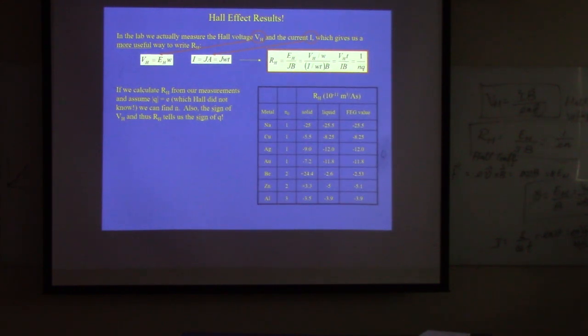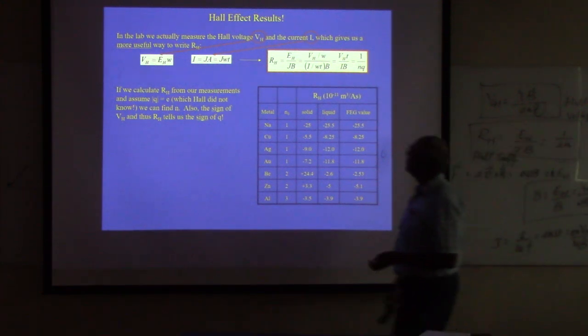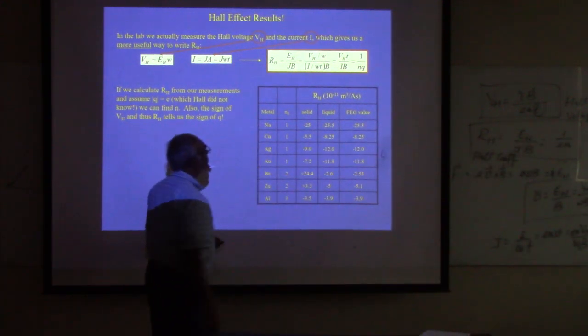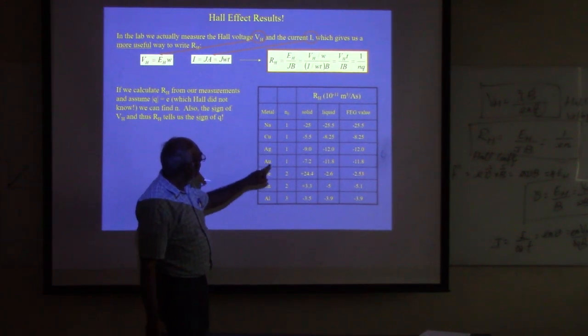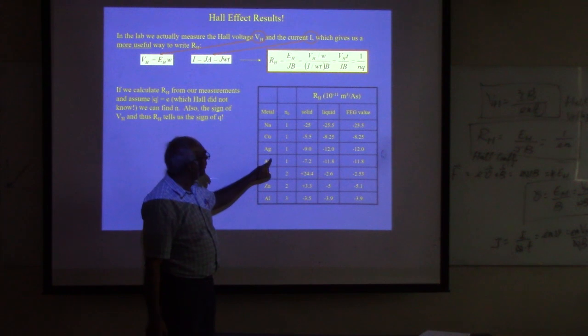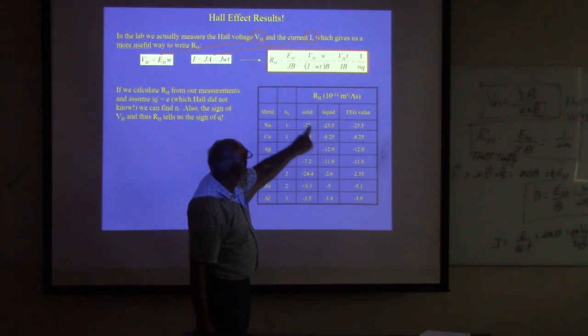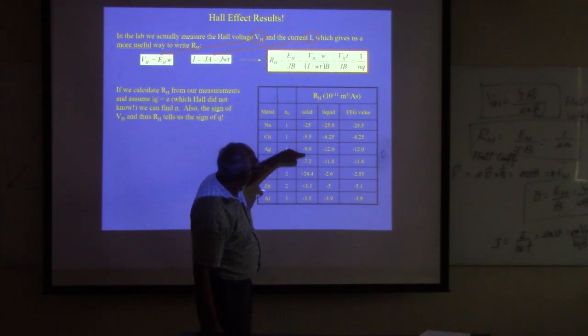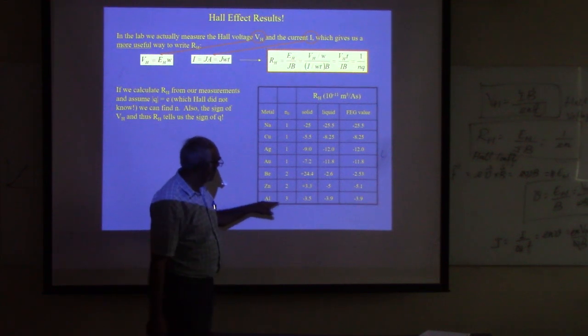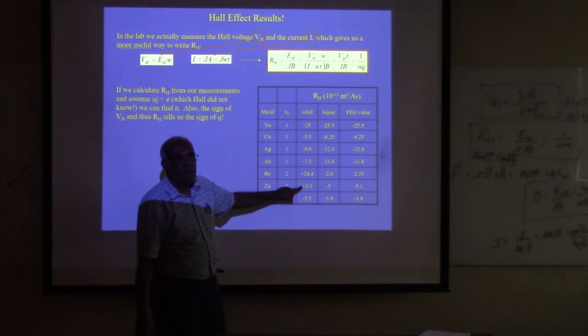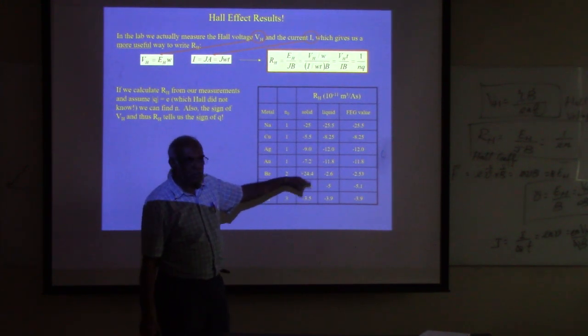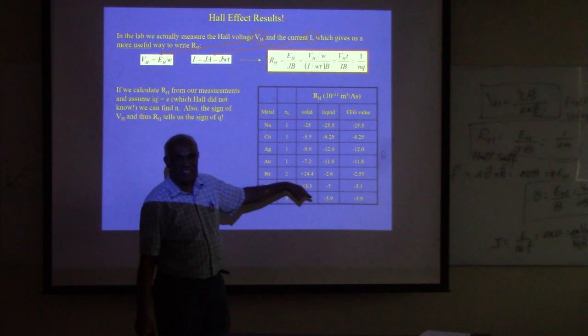Okay, so now you can see this Hall coefficient. People have measured it for different metals. You can see sodium, copper, silver, they are all good metals, right? They all have negative R_H values. But there are a few elements that actually have positive values. So anybody has any idea?